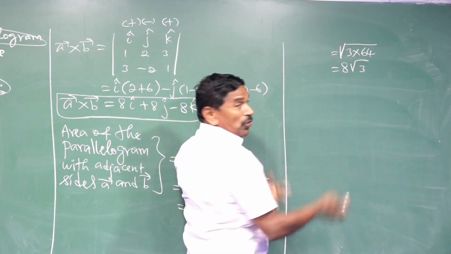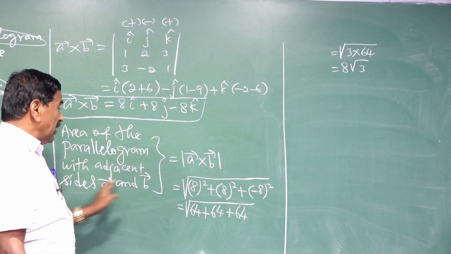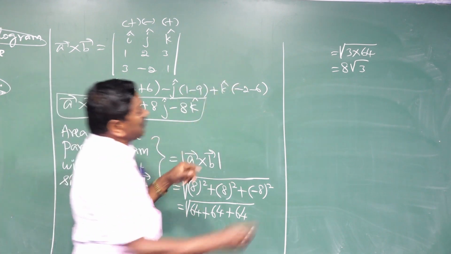Now I want to write the question with the answer. Therefore, the area of the parallelogram with adjacent sides A vector and B vector is equal to 8 root 3 square units.